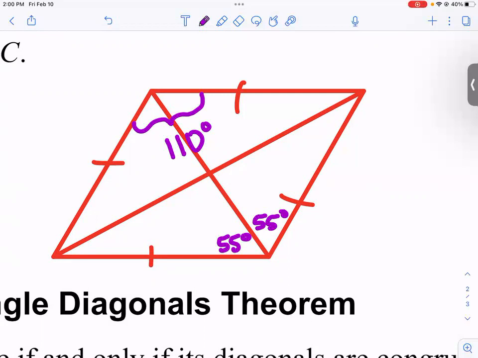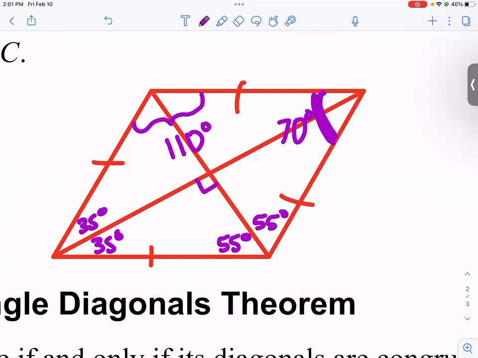Okay. Now, if this angle is 110, what is this? 70. That's only if they're all 90. So this is 35 and 35. Wait, 55 plus 35 plus 90 equals 180, so it is a right angle.